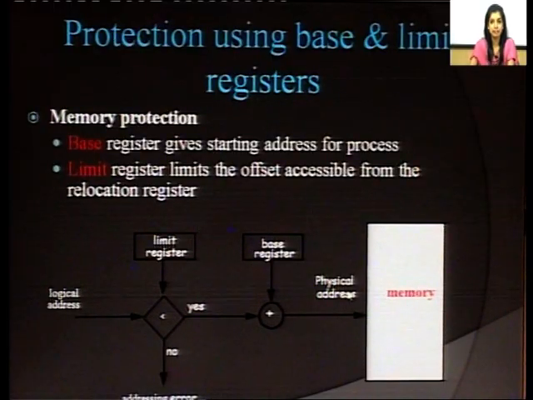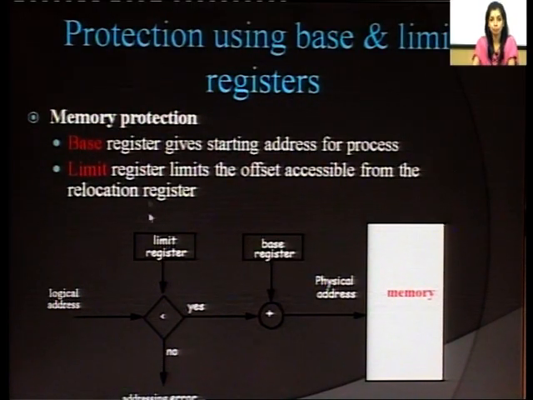Protection using base and limit registers. Main memory protection: the base register gives the starting address for processes. While converting a logical address into a physical address, the CPU generates a logical address, then we add the base register value, and we have a limit register value.